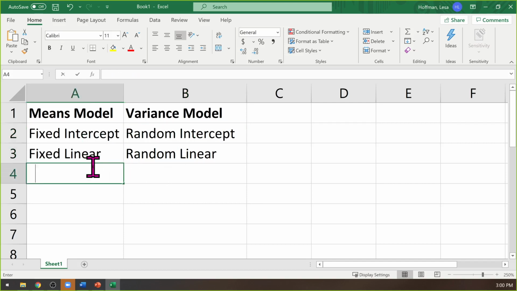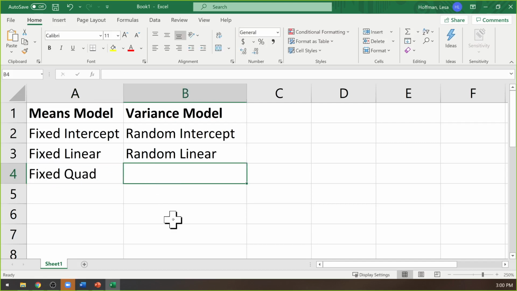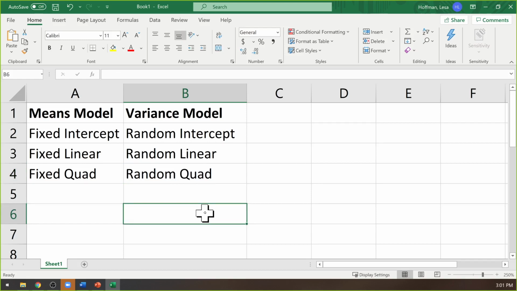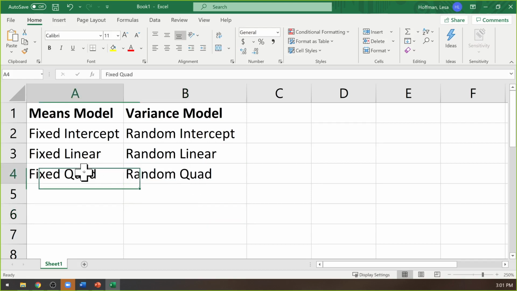So then if we add fixed quadratic, I'd call that fixed quadratic, comma, random linear, because I'm differentiating the order of complexity on each side. And if I add random quadratic, same sets of 2 hierarchies apply. Because I have fixed quadratic on the mean side, I gotta have fixed linear time. So if I have time squared, it's only interpreted as a quadratic if I also have the linear effect of time.